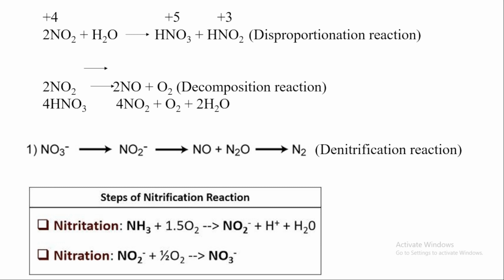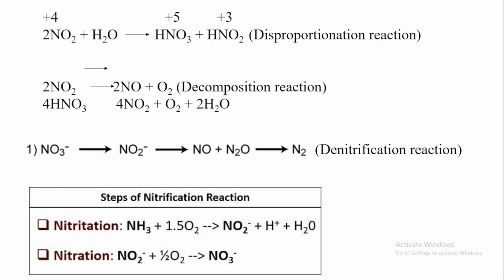Okay. And when it reacts with water, it can form HNO3 and HNO2 both. So now what is the oxidation state of nitrogen in HNO3? It is +5. How do we get this +5?